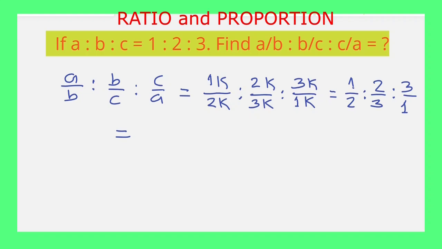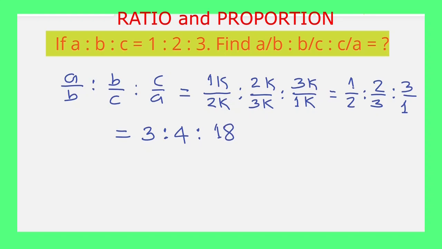So if we multiply 1 upon 2 by 6, we get 3, and multiplying 2 upon 3 by 6, we get 4, and on multiplying 3 upon 1 by 6, we get 18. 3 times 6 is 18. So in whole numbers, the ratio is 3 ratio 4 ratio 18.